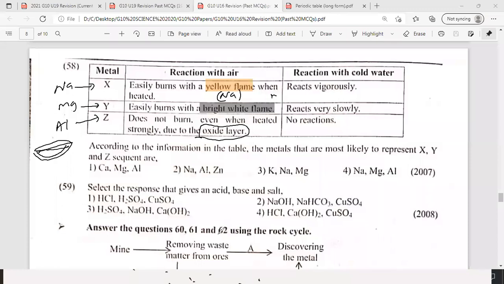The outermost surface of an aluminium pot is not pure aluminium; it is an aluminium oxide layer.